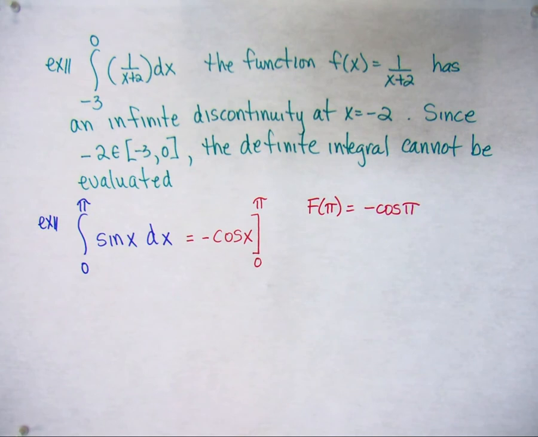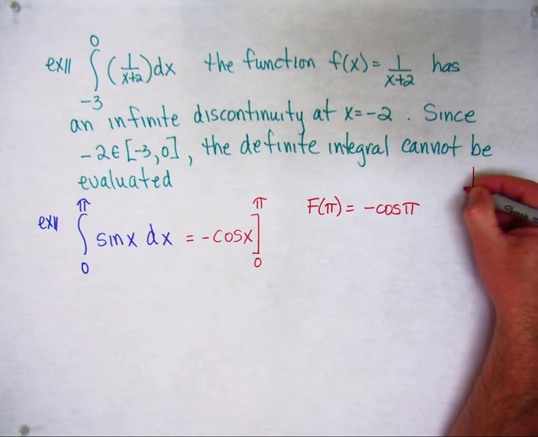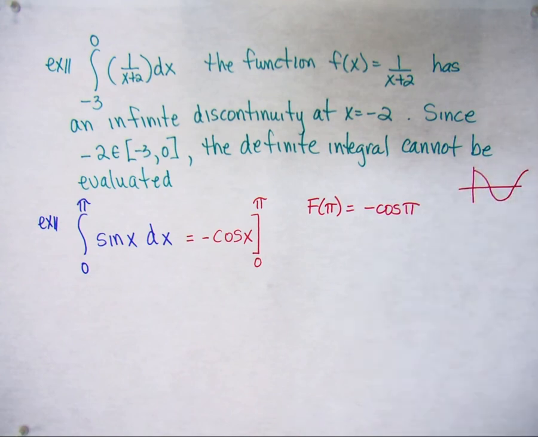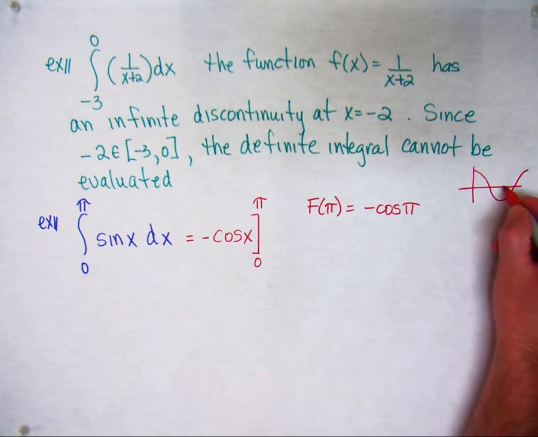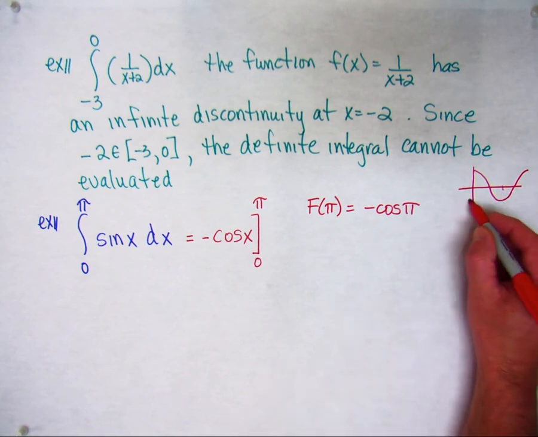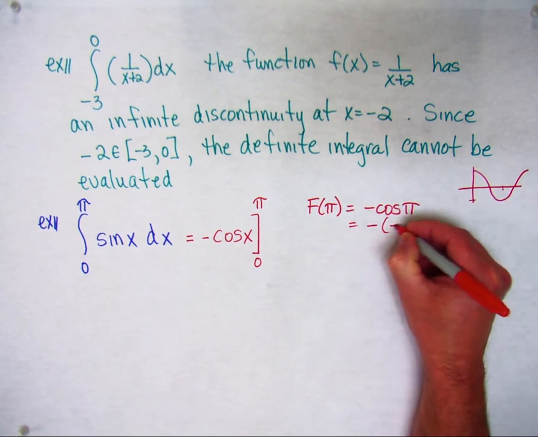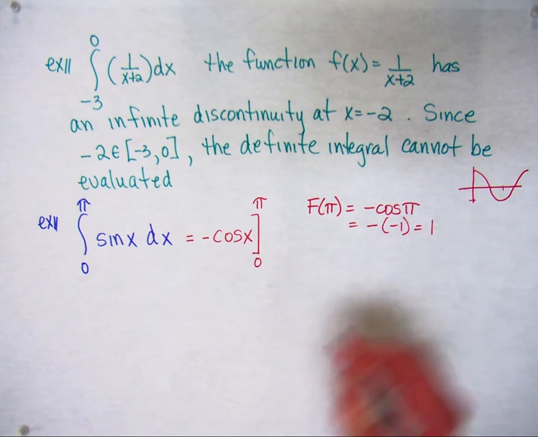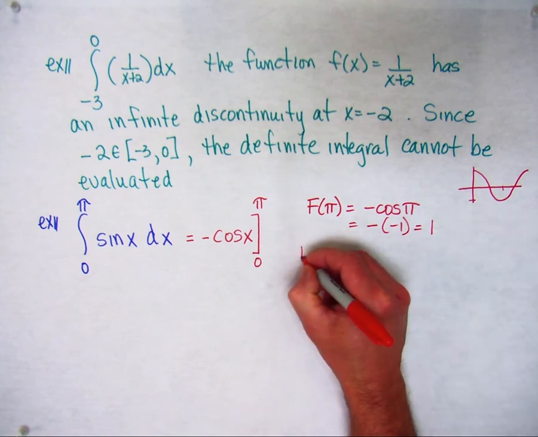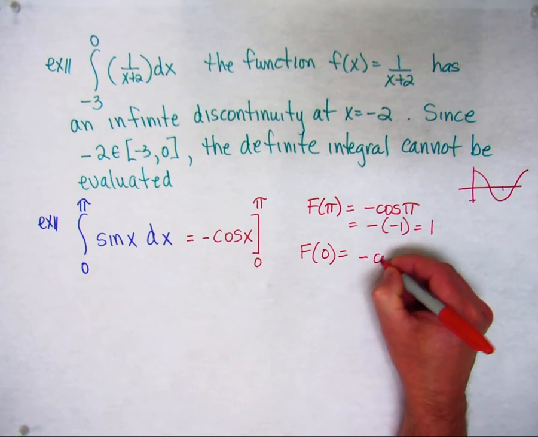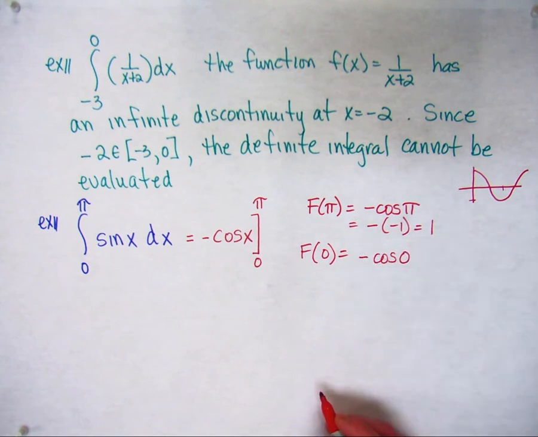Now pi is 180 degrees. If you think back to your cos wave, a cos wave has a cycle that looks like that. At 180 degrees, the value of cos is -1. So this is going to be negative, -1, or just 1. We then calculate the antiderivative at 0, which would be negative cos 0.